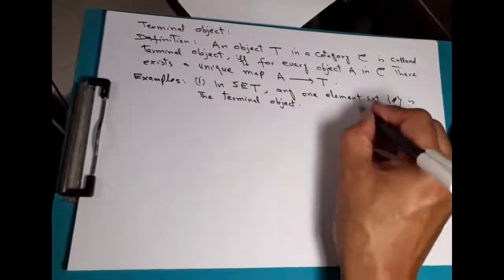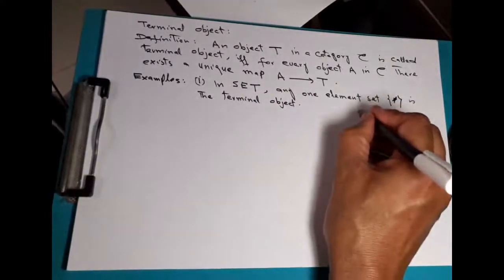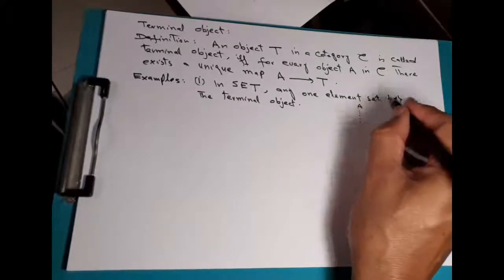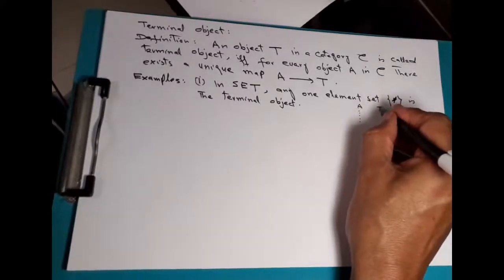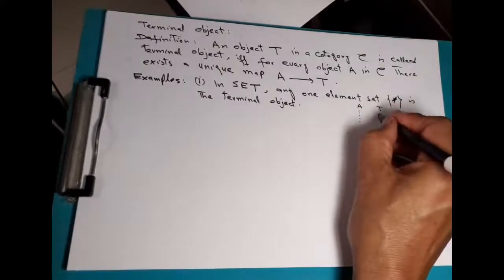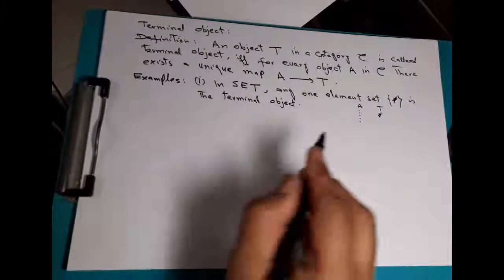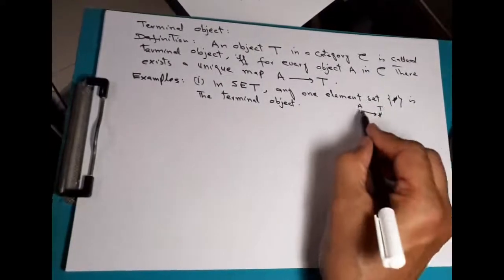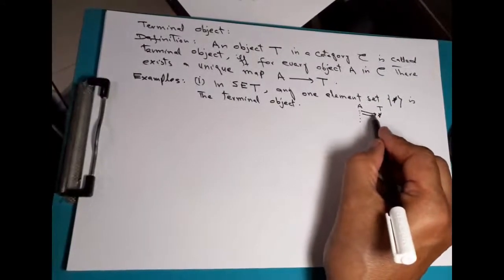It is very easy to see. Suppose you have a set A and this is terminal object which contains only one element, and you can always define this map which takes every element of A to the star.